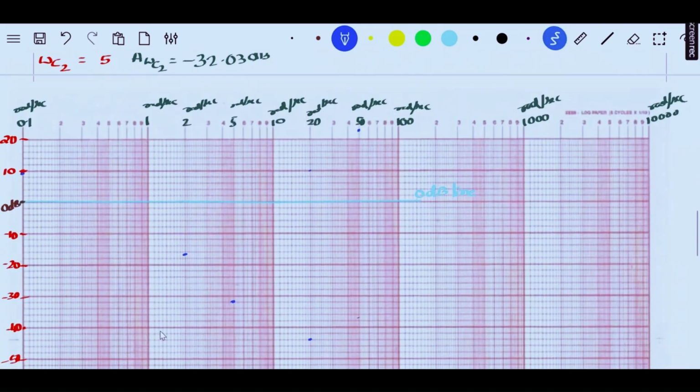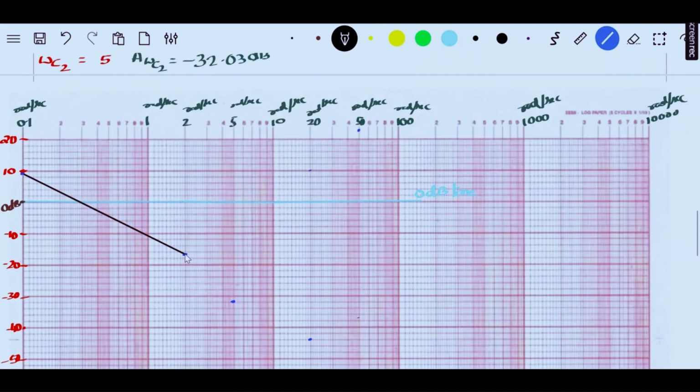Now what I need to do is join these points using a scale. First of all, I hold here and then come to this point. Initially, in the first stage itself, the 0 dB line is crossed.